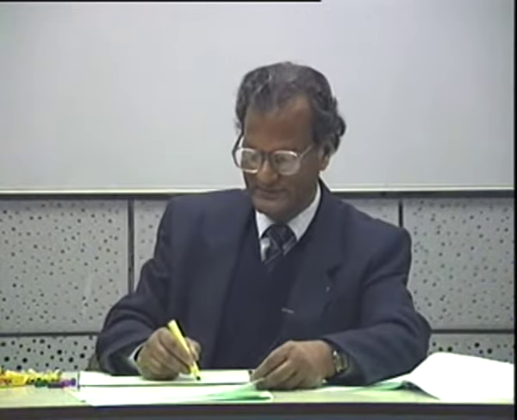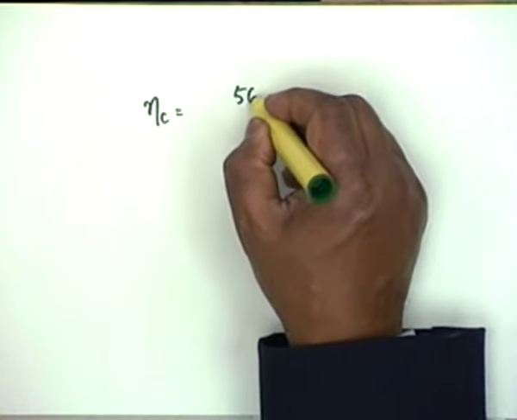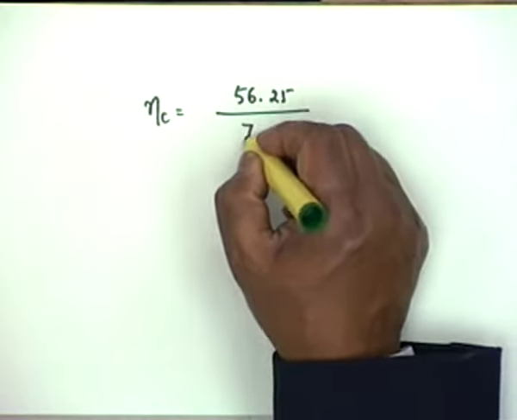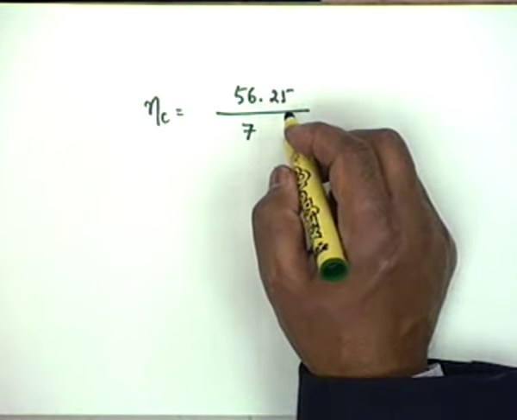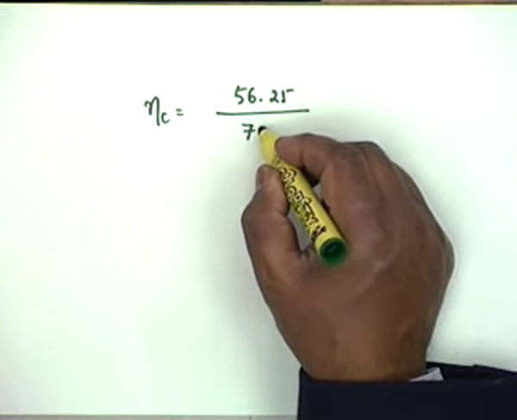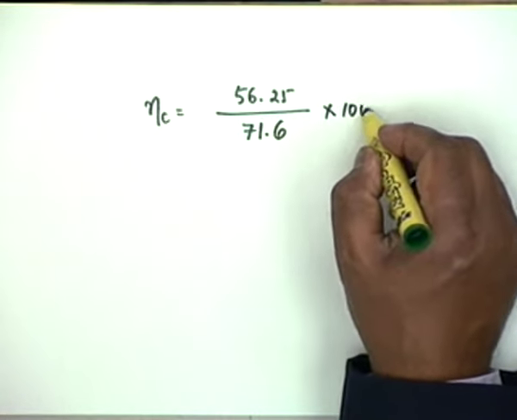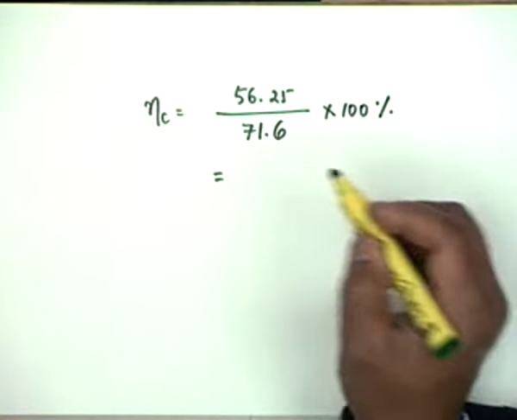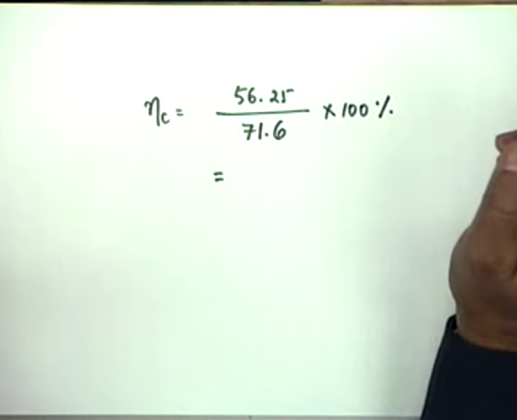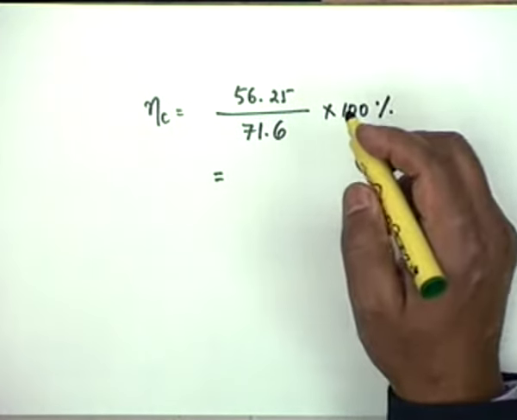Can you see what the efficiency is? Eta C is therefore 56.25 divided by 71.6 multiplied by 100. Is this a correct figure? How much is this approximately?